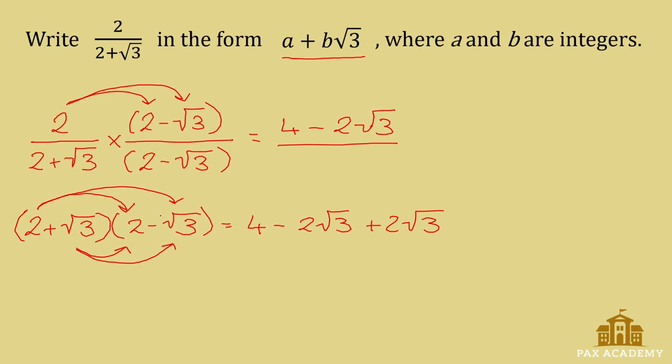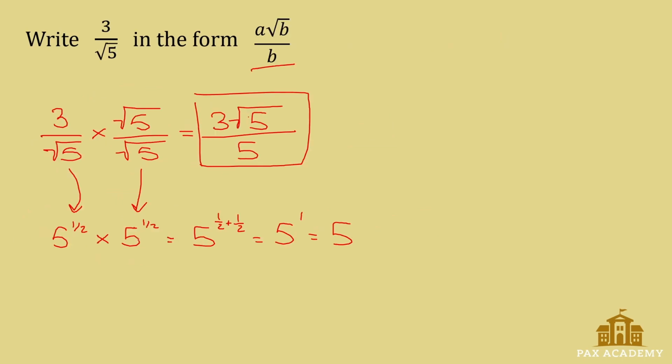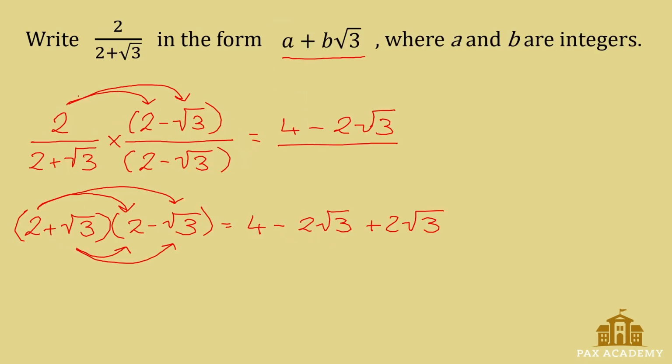Okay? So again, remember what we did in the last example, right? With square root times the square root. So here again, we have the same thing, right? We have square root of 3 times minus square root of 3. So again, this is simply going to be equal to minus 3, okay? Now let me just show you so it's a bit clearer.